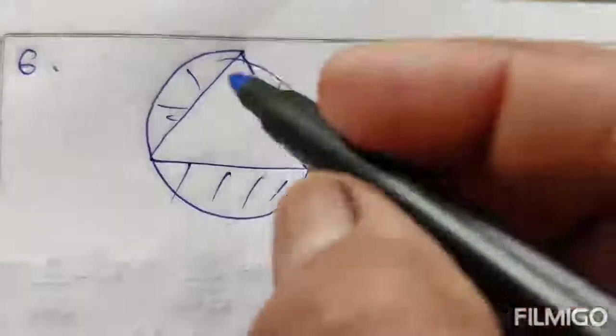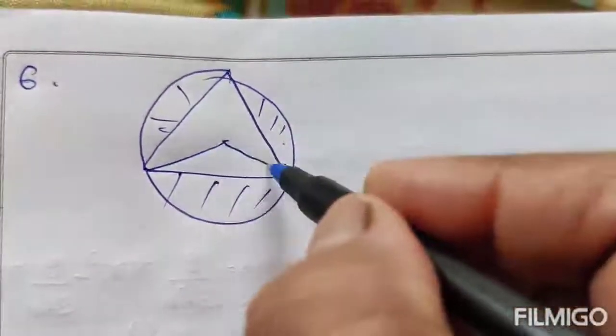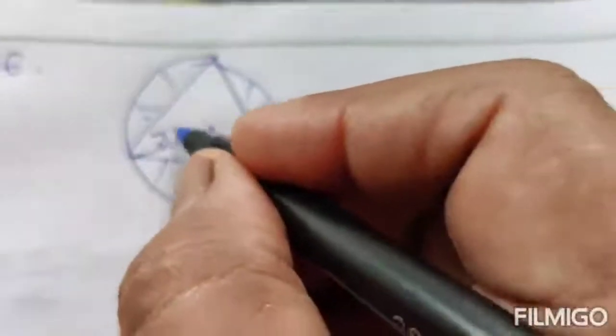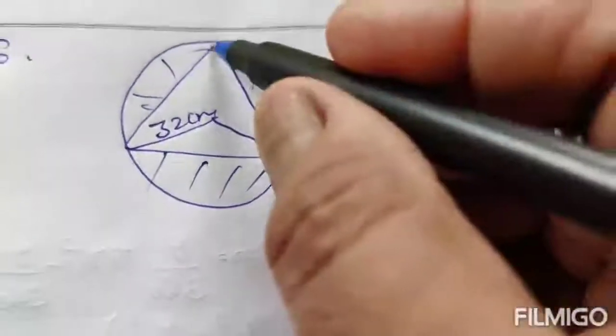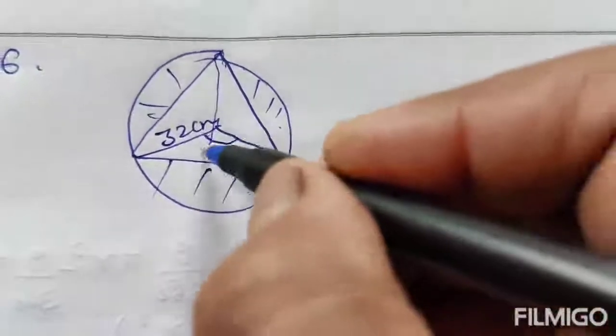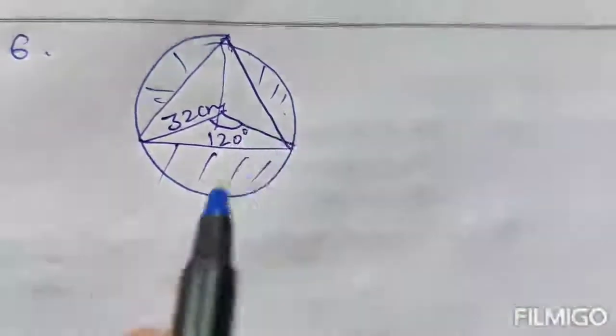This is the figure. Radius equal to 32 centimeter. And theta angle equal to, this is the equilateral triangle, therefore the angle is 120 degree. Radius given.